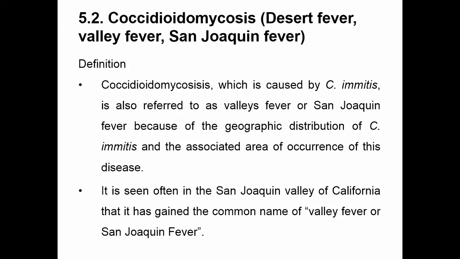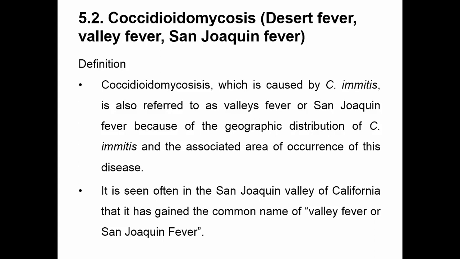Immitis is mostly cultured near the valleys, so cases of the disease are mostly reported nearby, and that's why it was given this common name.